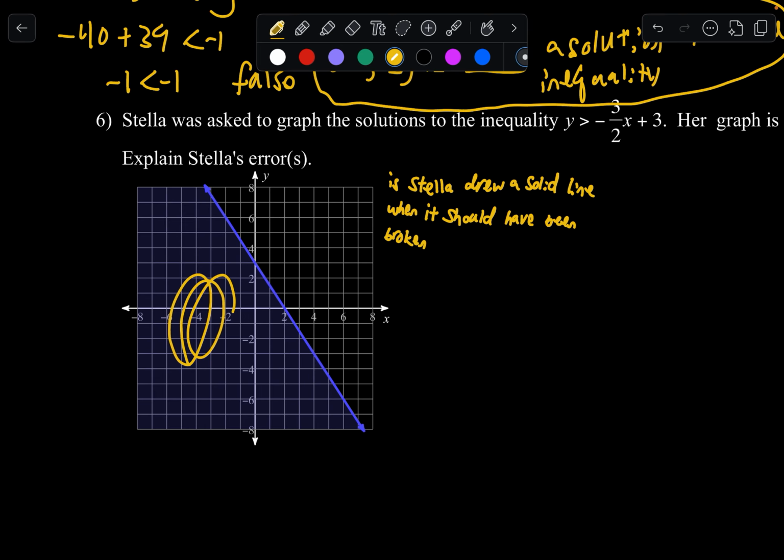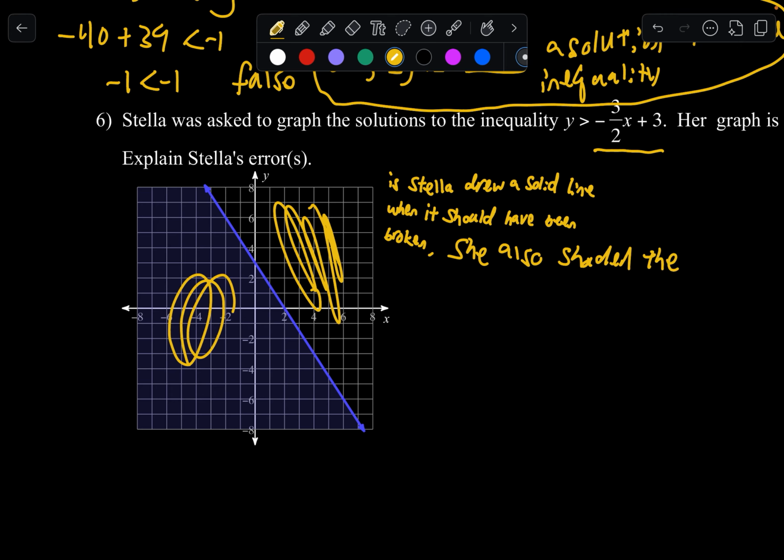This is greater than, so that means all the y values greater than this line, which means she should have shaded this side. So she also shaded the wrong side of the line. Two things wrong she did. And you move on. That's the answer to that question.